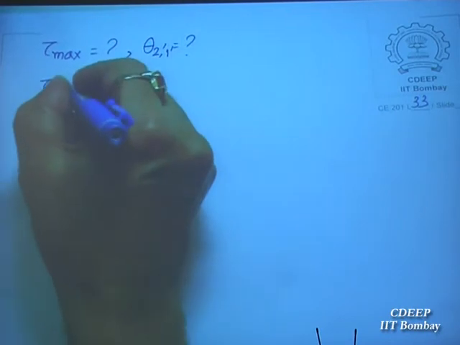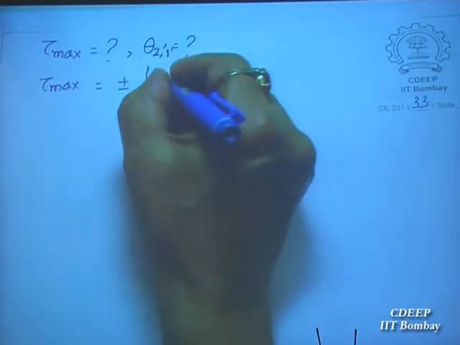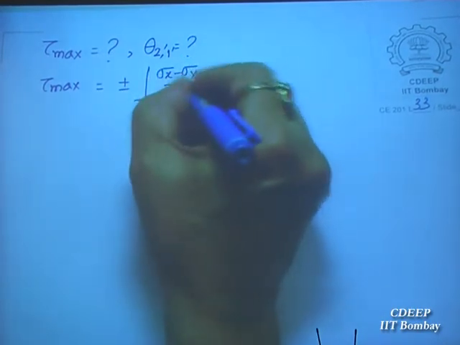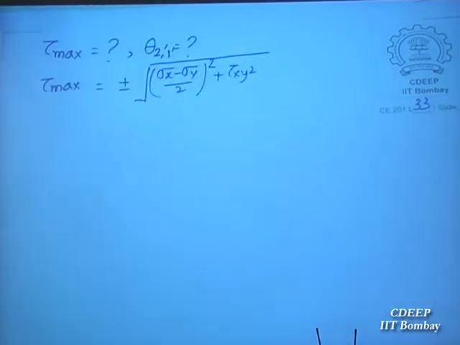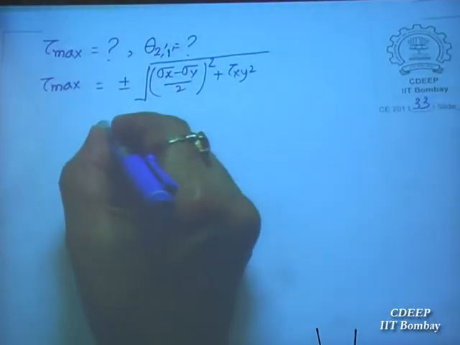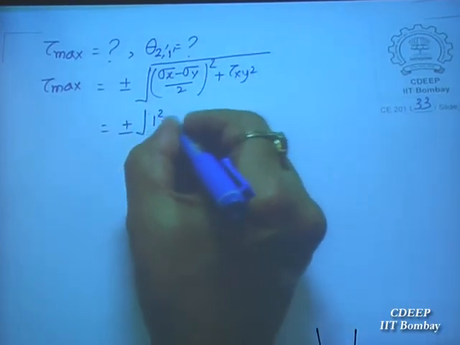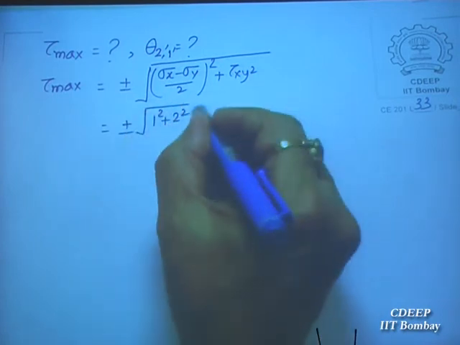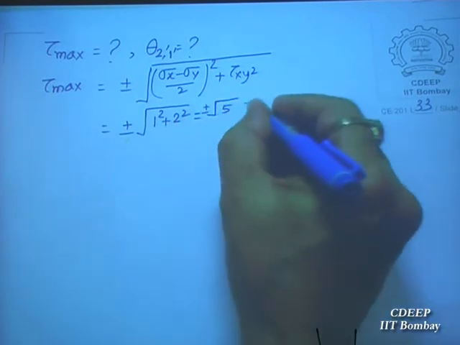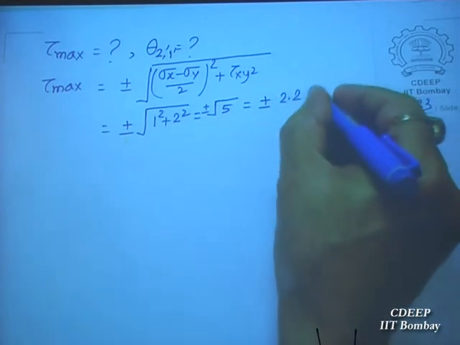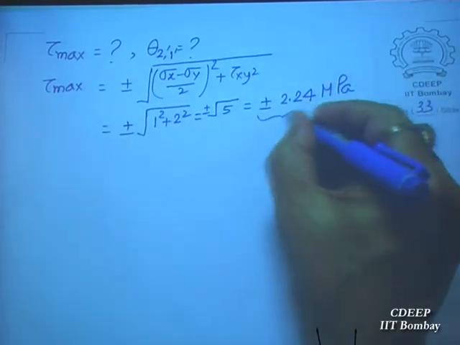Tau max is equal to plus minus the square root of (sigma x minus sigma y)/2, whole squared, plus tau xy squared. So this is 1 squared plus 2 squared, the same, root 5, which is plus minus 2.24 MPa. This is only the magnitude.